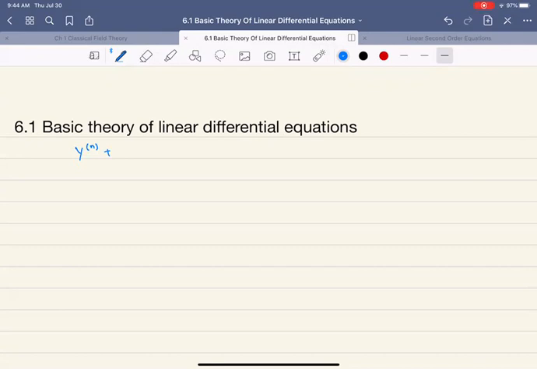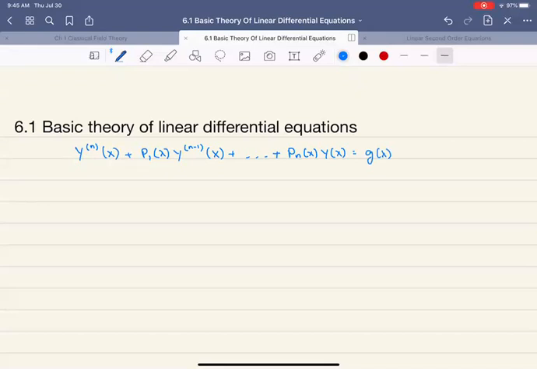So let's say we have a differential equation: the nth derivative of y plus p1 of x times y to the n minus 1 of x, plus, and then we just keep going all the way down to p sub n of x times y of x, and then we equal some g of x. Now we're also going to need some initial conditions.